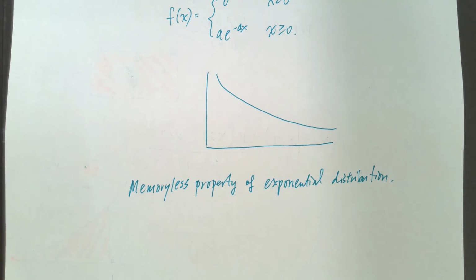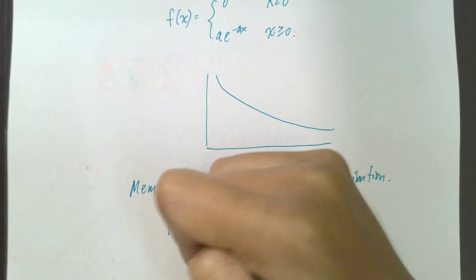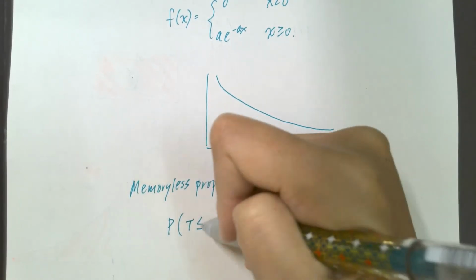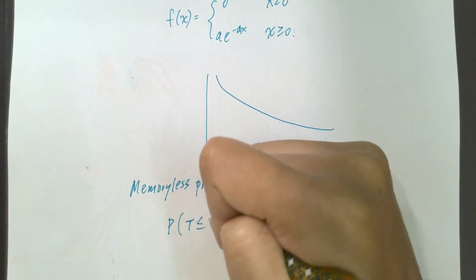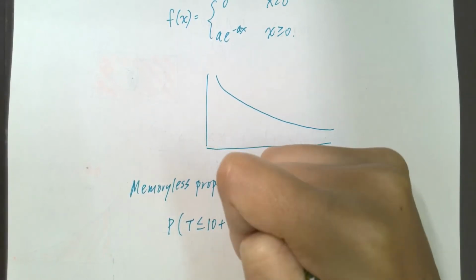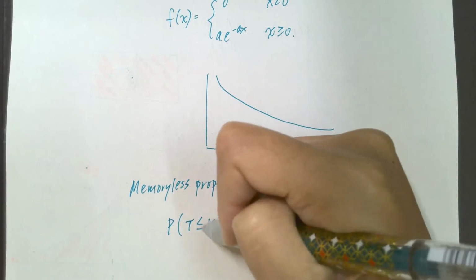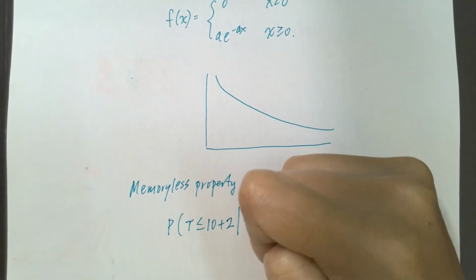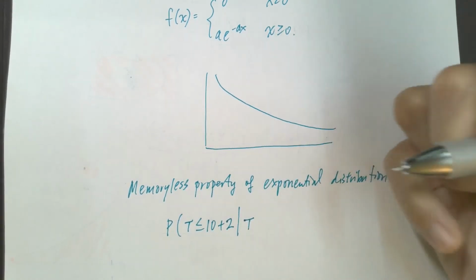And really what this kind of question is, if we use conditional probability, we can translate it as this: probability of the alarm sounding at time t, where t is within 2 seconds after the 10 seconds, given that it has not sounded in the previous 10 seconds.